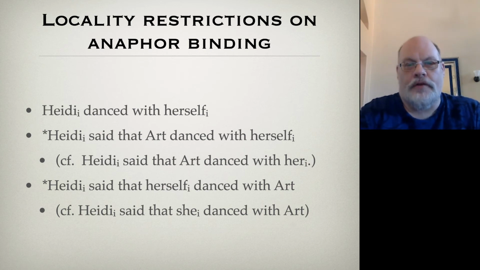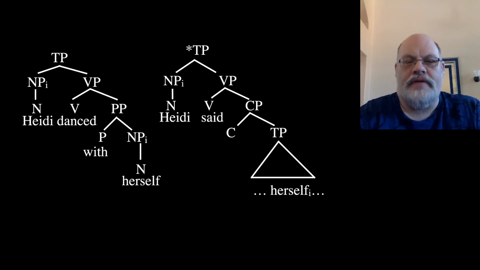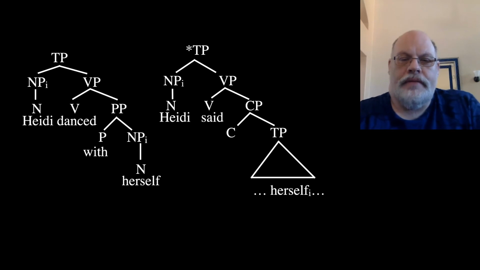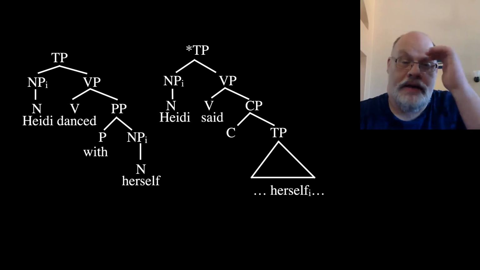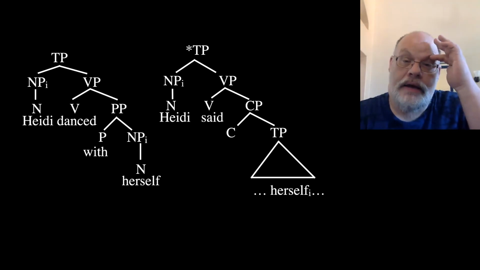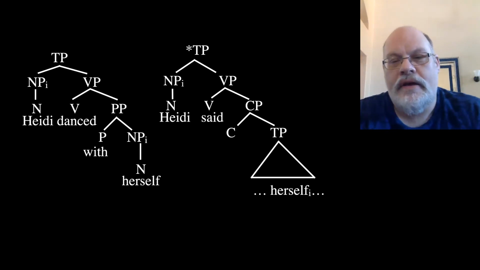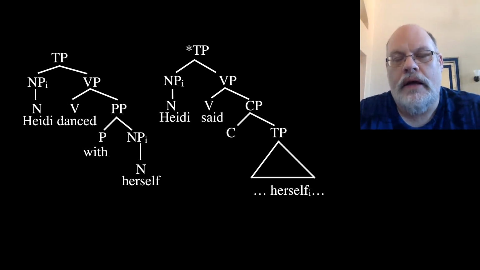We have a special term for this. We call these conditions binding domains. So the main difference between Heidi danced with herself and Heidi said blah, blah, blah, blah, blah herself is that there's an intervening complementizer phrase, right?